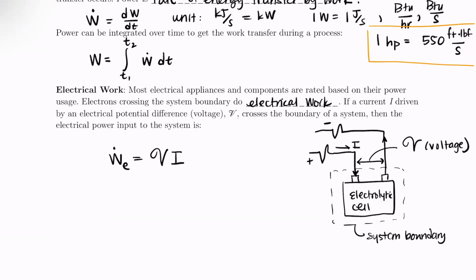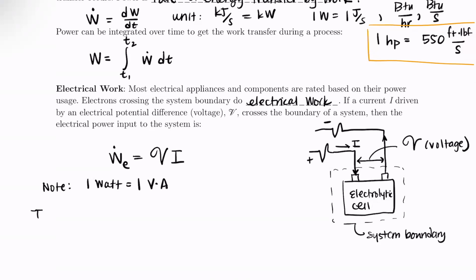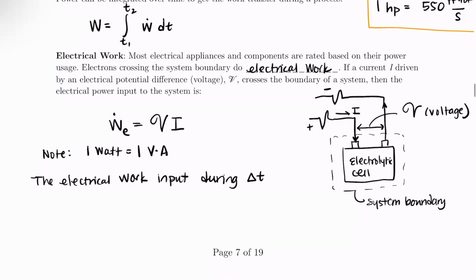Couple of notes on this. So note that 1 watt is equal to 1 volt times amps. The electrical work input during a length of time, delta T, is given as the following.